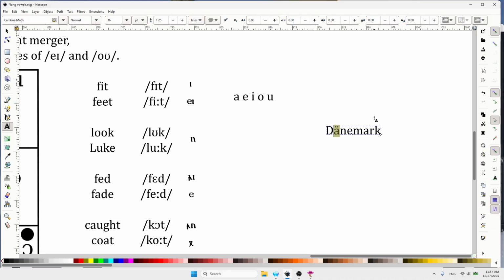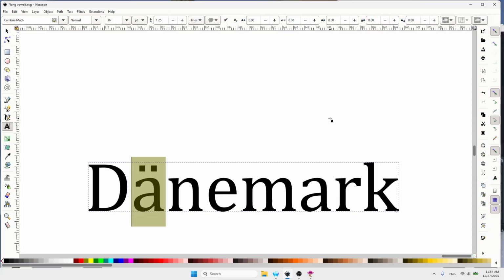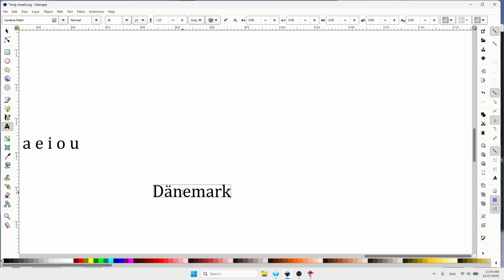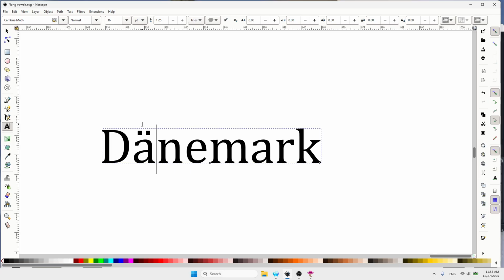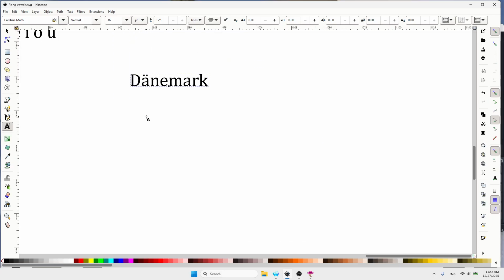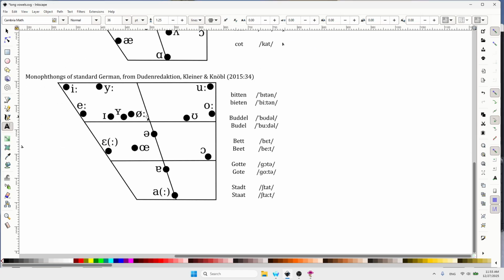So presumably the standard, or what you would call it, but in any case, if you're pronouncing this differently, it would be a long vowel, whereas some speakers might just say Dänemark. So that's something to keep in mind.